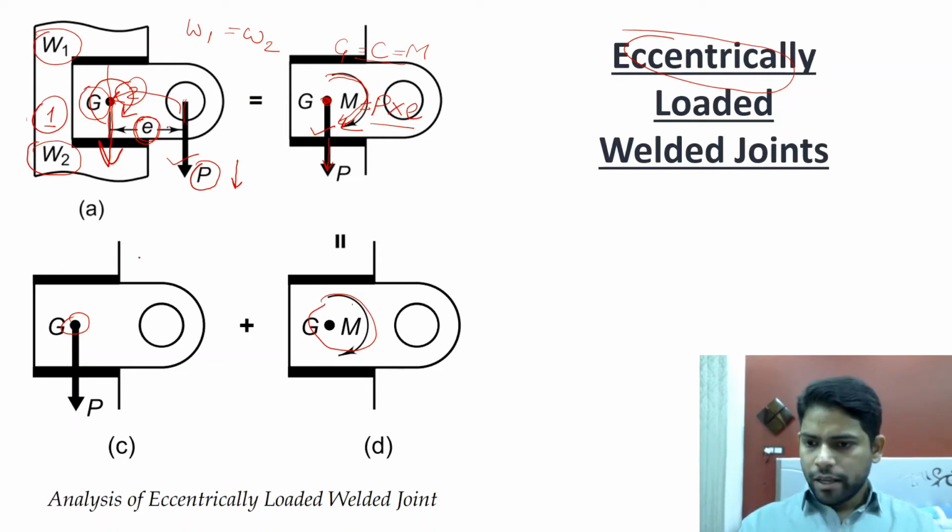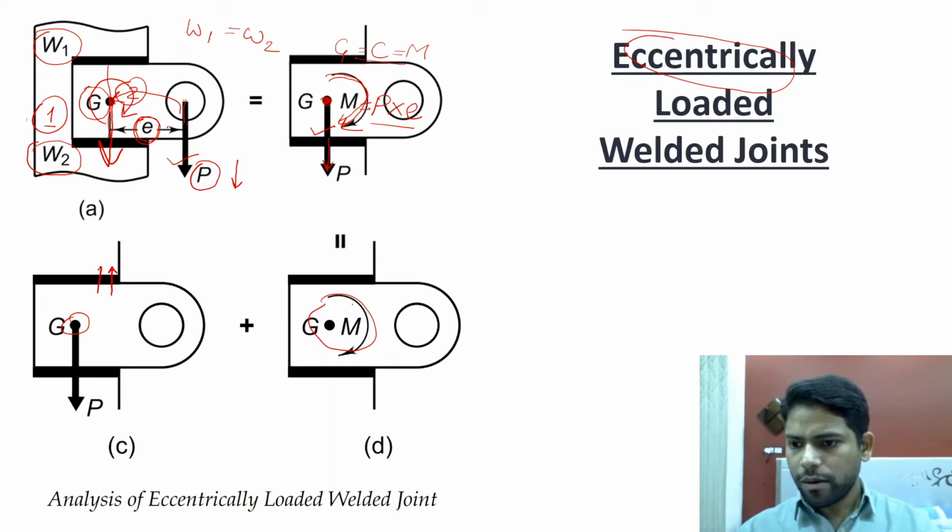As I told you, because of this load, since it is acting vertically downwards, there will be a shear stress of equal magnitude induced in the weld acting upwards. This is the direction of the shear stress, and we will call it the primary shear stress.